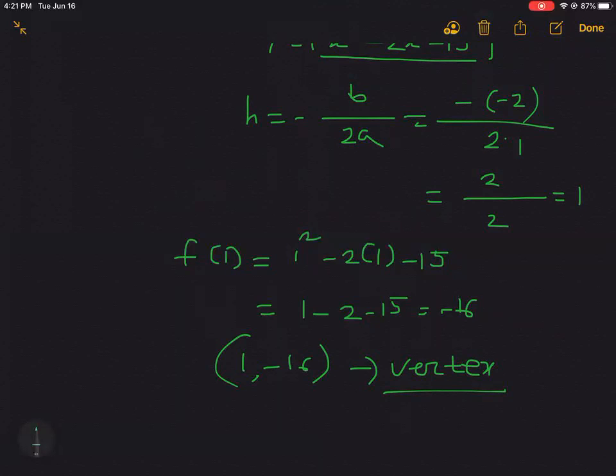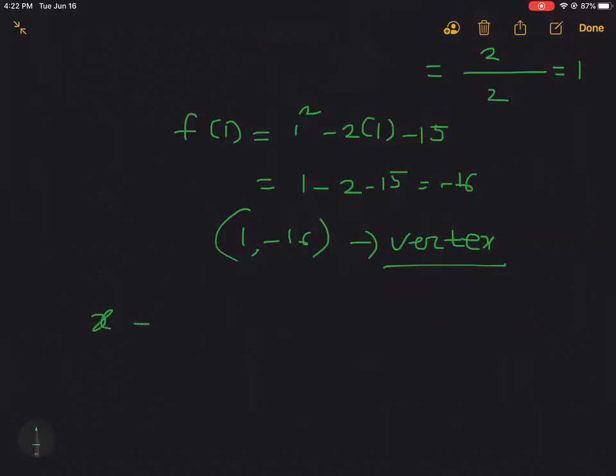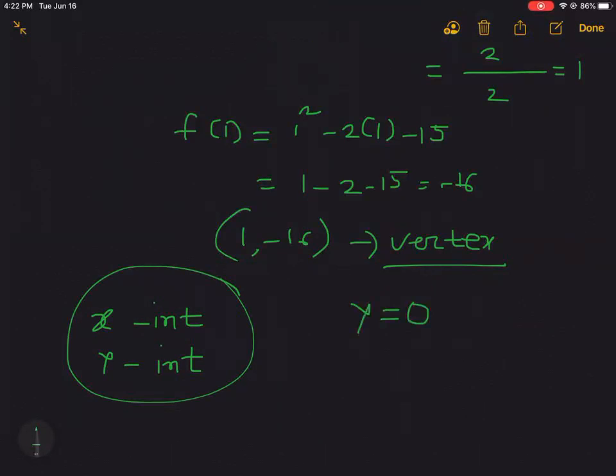And if we just know one other value, we can graph it. But to know this precisely, the best way is to find the x-intercept and y-intercept. That's quite easy as well. If we plug in y equals 0, we can get the x-intercept. So x squared minus 2x minus 15 will be 0.